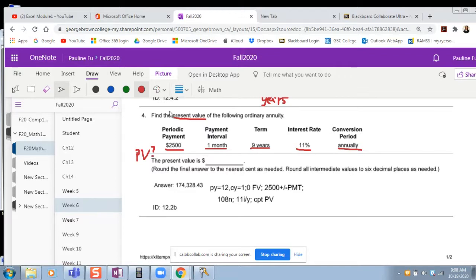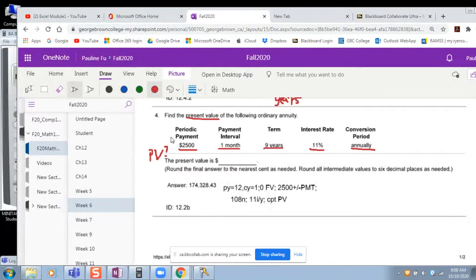So let's analyze this question. Periodic payment, this is PMT. Payment interval means every month you make a payment. In 1 year you make 12 payments. PY equals 12. PY represents how many payments you make in 1 year.